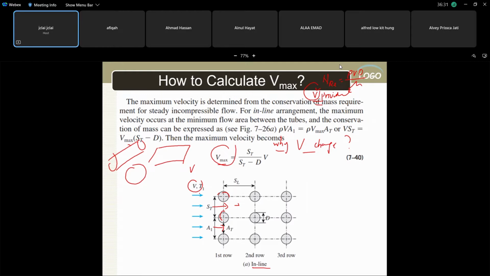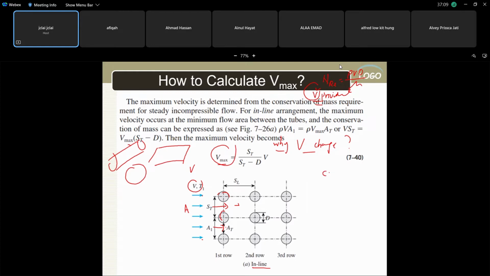Initially the area for the fluid to flow past is big, right? But when it comes into these banks of tubes, the area which allows this fluid to flow becomes smaller.